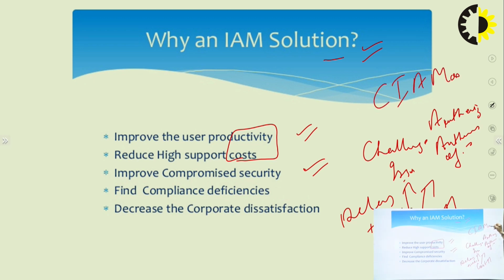So this is very, very important, because as individuals, we don't want to compromise with the security. So based on the solution, it is going to improve the security that we have compromised. Find compliance deficiency. Any deficiency that we have encountered, we'll be able to find it and we'll be able to find the proper solution for it. Decrease the corporate dissatisfaction also.